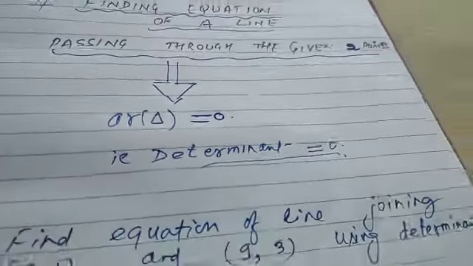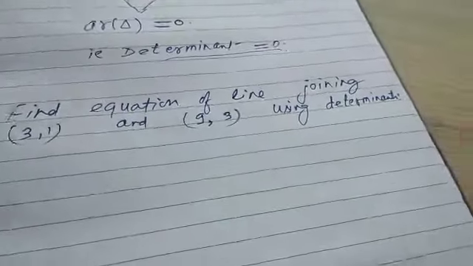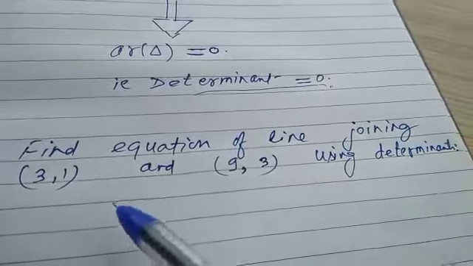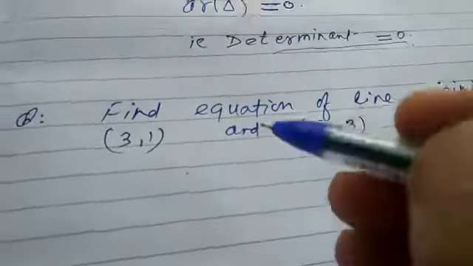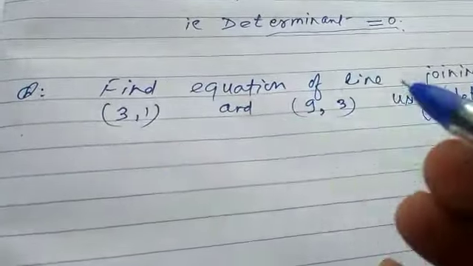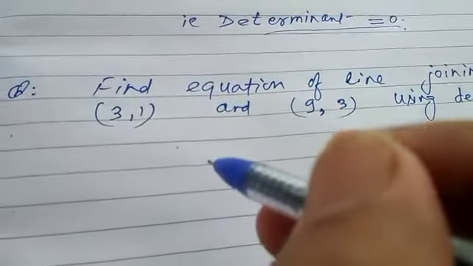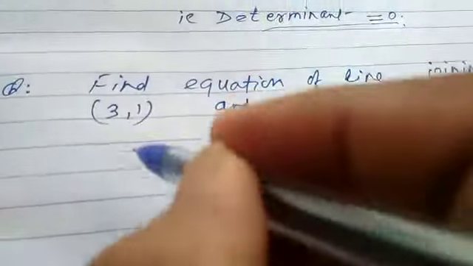Okay, so we have a question: find the equation of the line joining 3, 1 and 9, 3 using determinants. According to the rule, we assume the third point's coordinates.